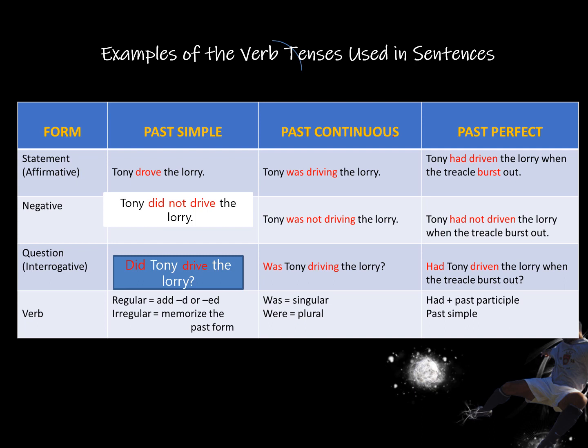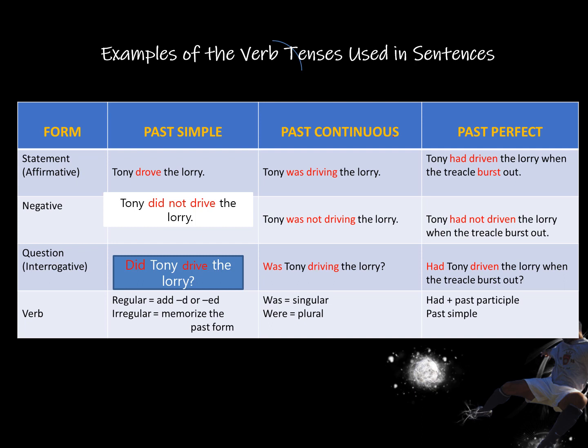So let's have now the past continuous. Past continuous statement form. So we say Tony was driving the lorry. Since Tony is singular, we use the helping verb was plus the verb in its ing form. So from drive, it becomes driving. So Tony was driving the lorry.